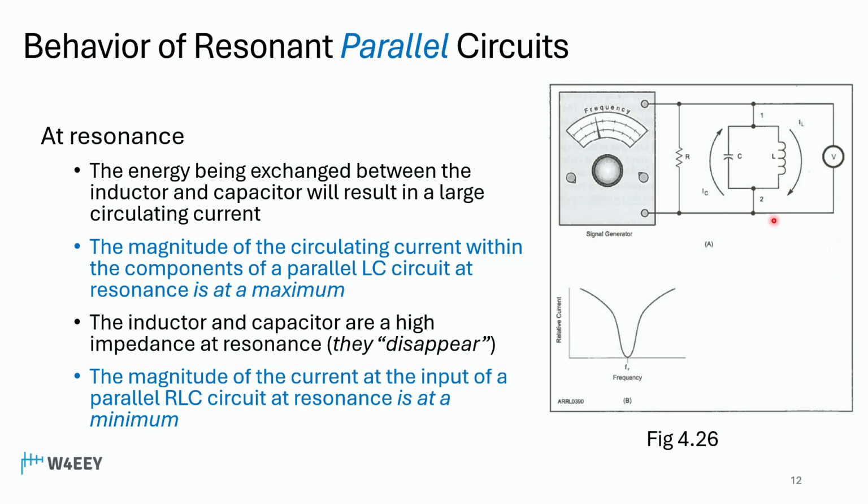Therefore, that's what makes this true. The magnitude of the current at the input of a parallel RLC circuit, meaning here to here, at resonance is at a minimum. So since these are both pool questions, it's kind of important that you understand the principle so that you'll get that question right.